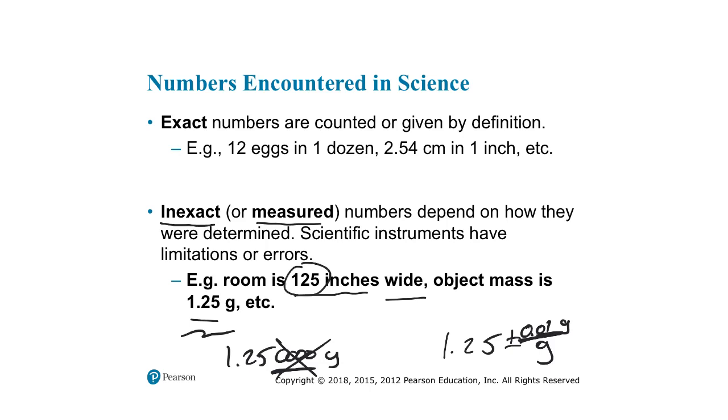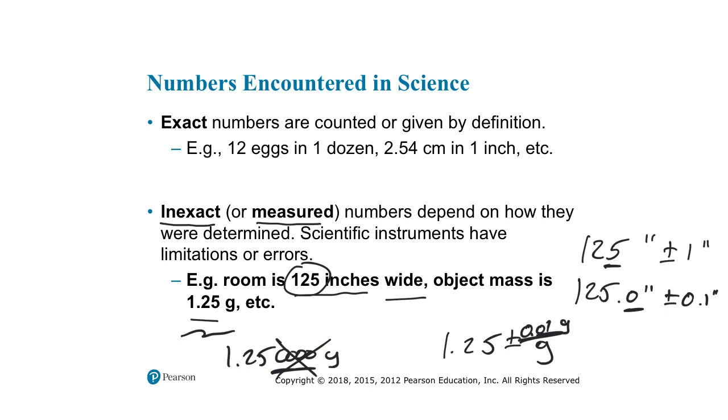Same thing, if you say a room is 125 inches, in this class we're going to take that to mean that the plus minus here is about 1 inch. Our plus minus is in that last inch. If we more carefully measured the room, we might say it's 125.0 inches, in which case the error or the tolerance here would be 0.1 inch.